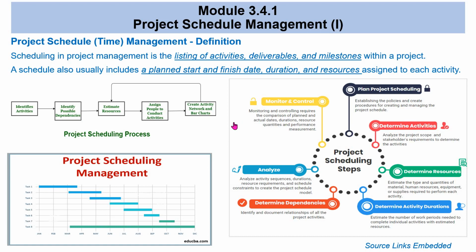And in this module, we will continue with looking at the project schedule management knowledge area. This is the same as what some people call the project time management area.